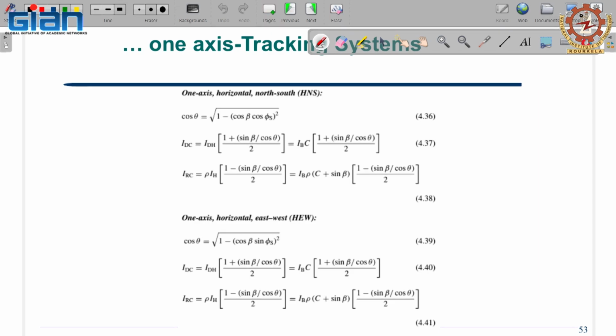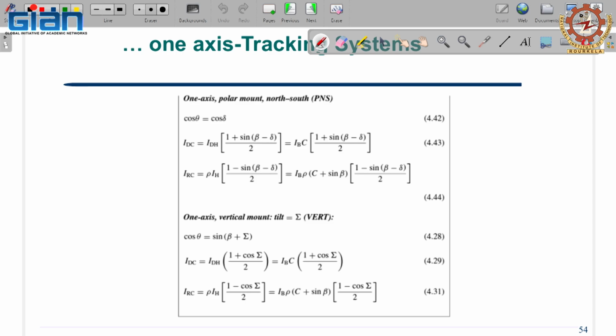In the new book, it gives you the relations for all the four cases. So this part is expanded in the new version of the book.